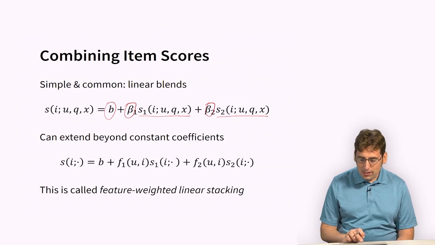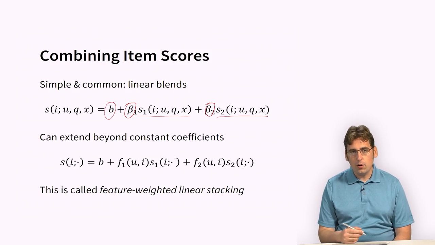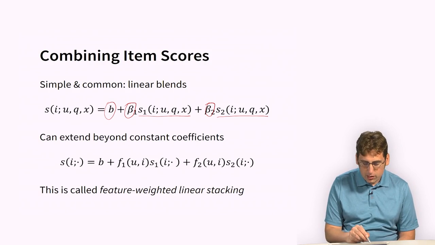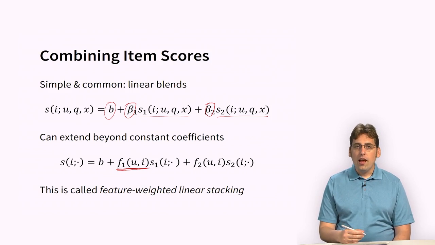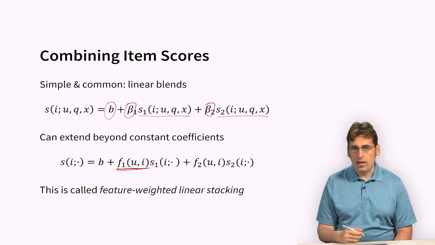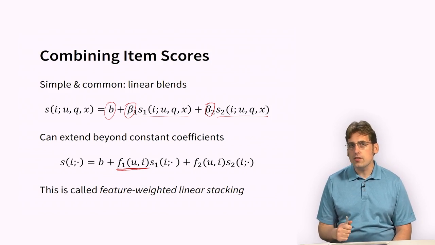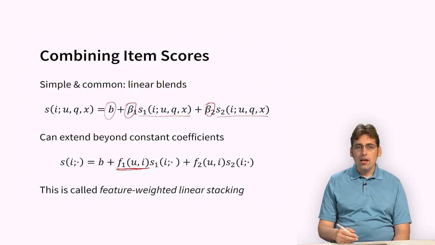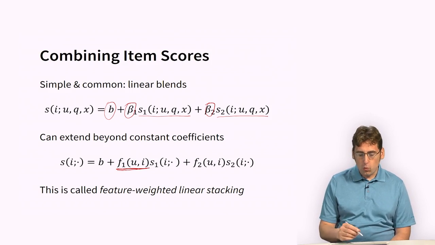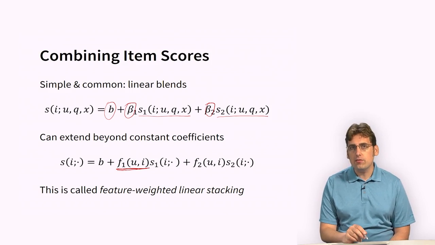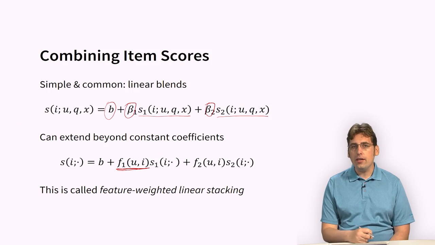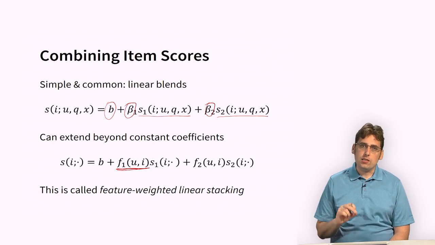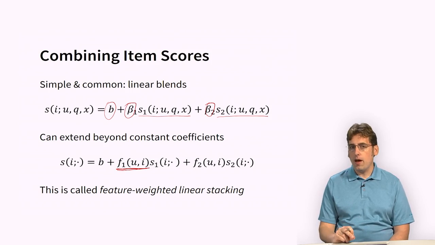We can extend this beyond just looking at constant coefficients to say the coefficient is going to be a function of some characteristics of the user and/or the item. And this is called feature-weighted linear stacking. So in machine learning, we sometimes call these linear blends stacks. And the feature-weighted one means that the weights can change based on the feature. One really common feature to use in changing the weight is the number of ratings for the item or the number of ratings by the user.